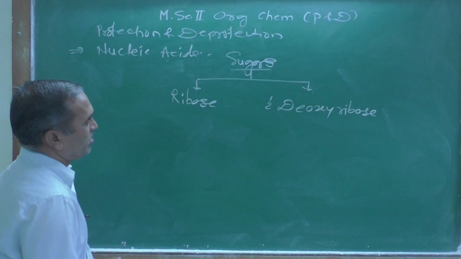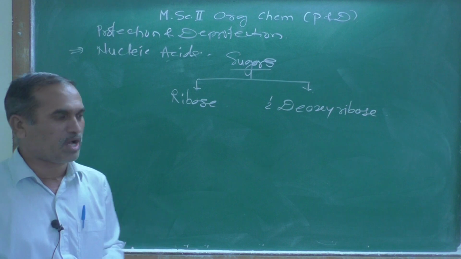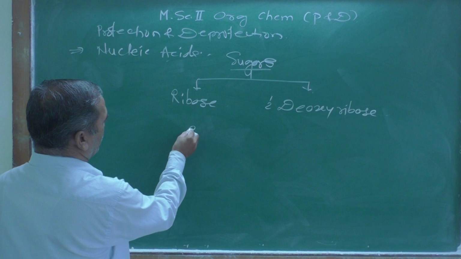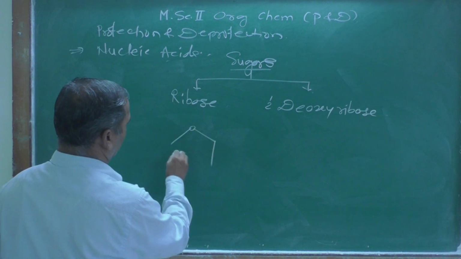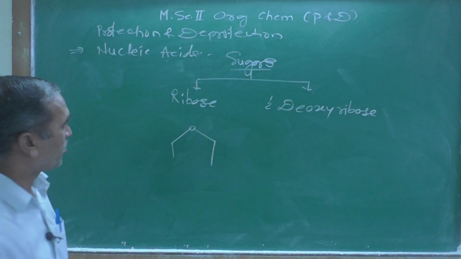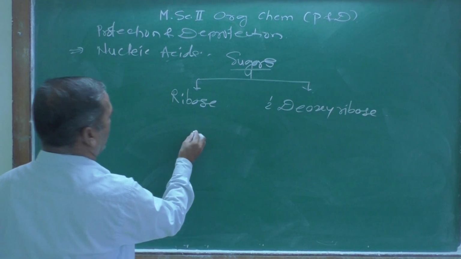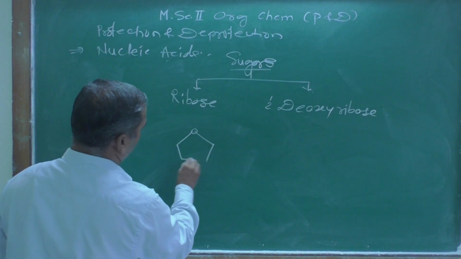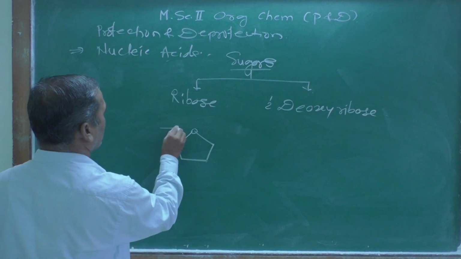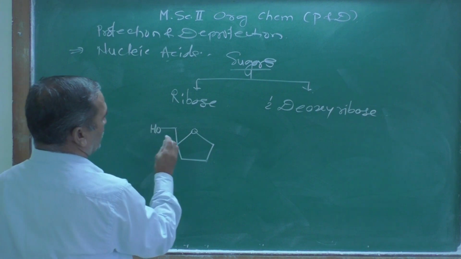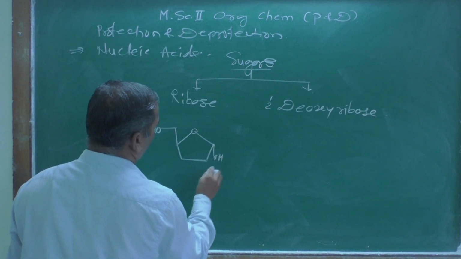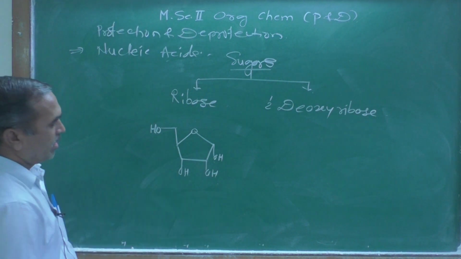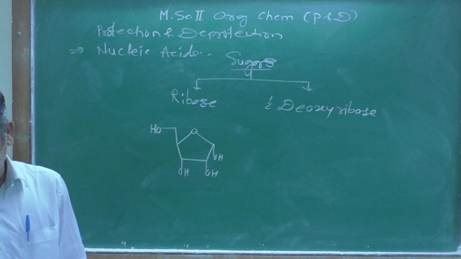Ribose has 5 carbon atoms in the 5-membered ring, a furanose type of ring. Let me draw the structure properly over here. Here HO, then here OH, and here also OH, and here OH.